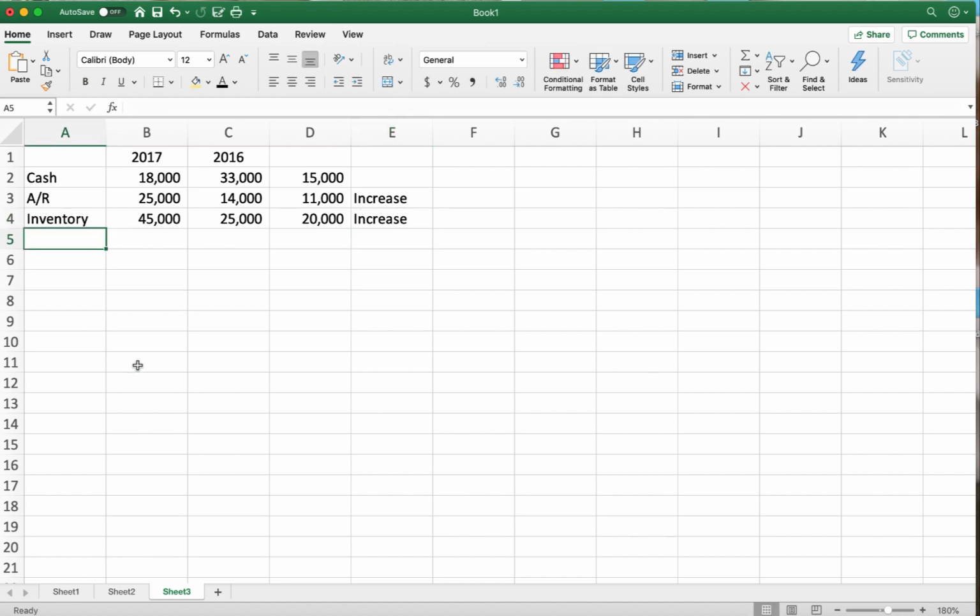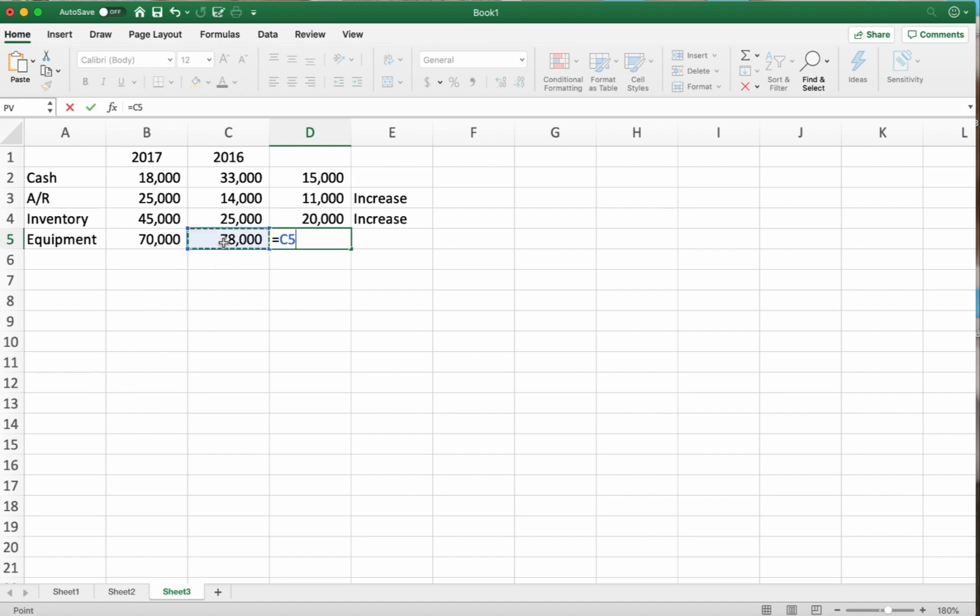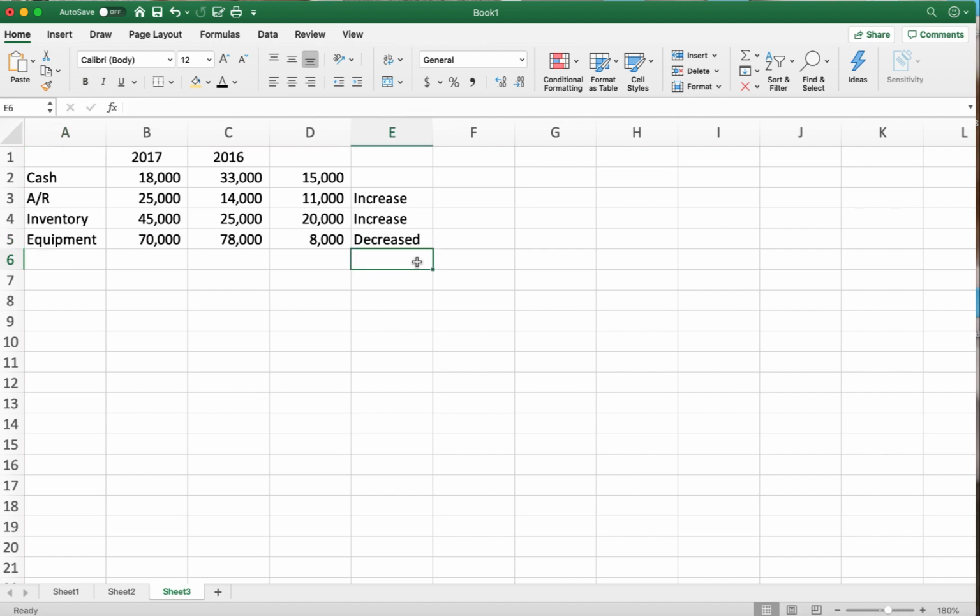The next thing we have is equipment. I'm not going to worry about equipment, right? Because they tell us the equipment that we bought, right? If you notice, actually, you know what? Let's put it in here. $70,000 in 2017. In 2016, it was $78,000, right? Well, what's the difference? Well, it decreased by 8 grand. Does that mean that I bought or sold $8,000 worth of equipment?